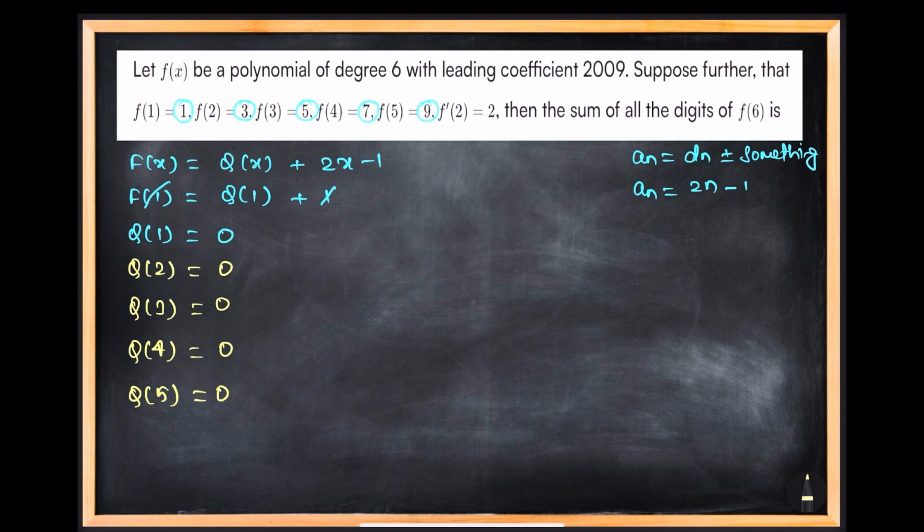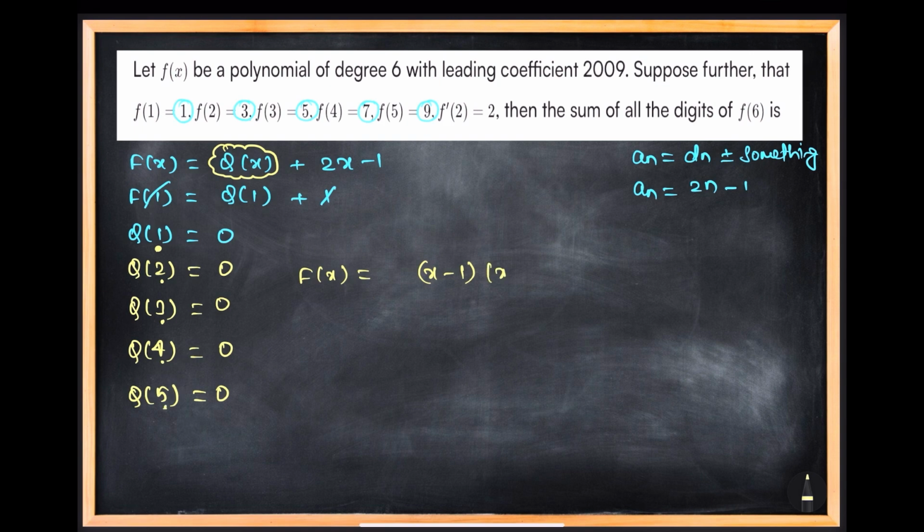Now, you know that we can find out who is f of x if we know who is q of x, because this is unknown. The remainder we have calculated. So can I write f of x as x minus 1, because you know that q of x is a polynomial whose zeros are 1, 2, 3, 4 and 5.